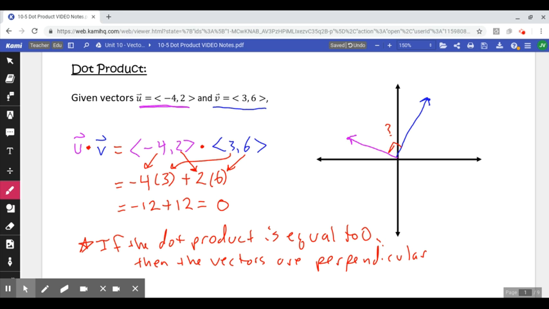Likewise, if the dot product is not 0, that indicates that the two vectors are just not perpendicular. So, having a little trouble here erasing that. There it goes. So we've actually proven, using this thing called the dot product, that those two vectors, u and v, are actually perpendicular.